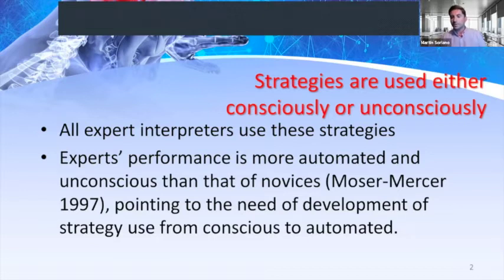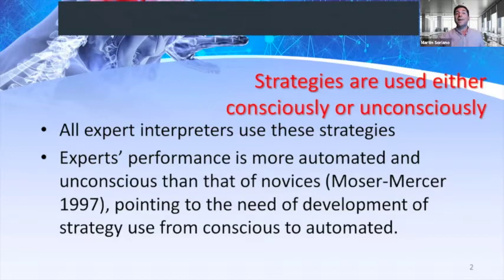There's research done by Barbara Moser, who happened to be one of my teachers at the University of Geneva. She said that one categorization of conscious or unconscious strategies is a division between knowledge-based and skill-based strategies. The knowledge base is the result of conscious analytical processes, the skill-based strategies being the result of procedural knowledge that has been internalized or automated.